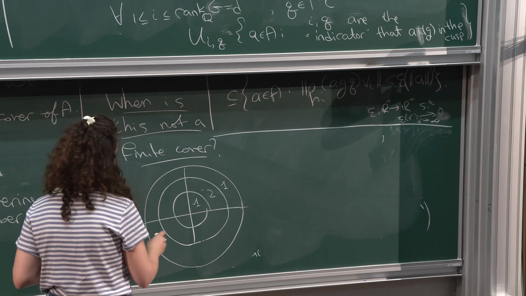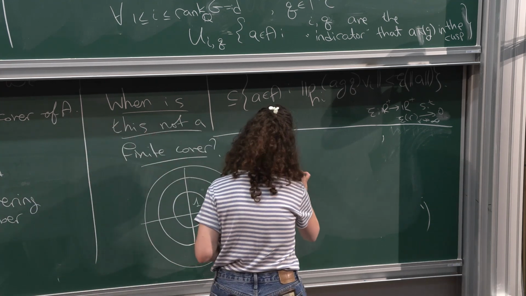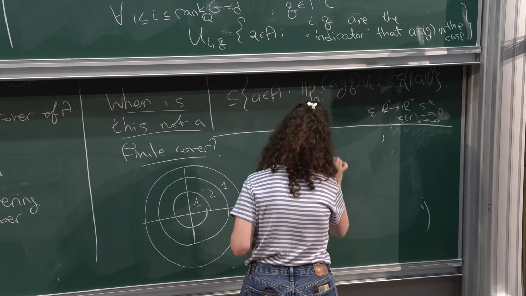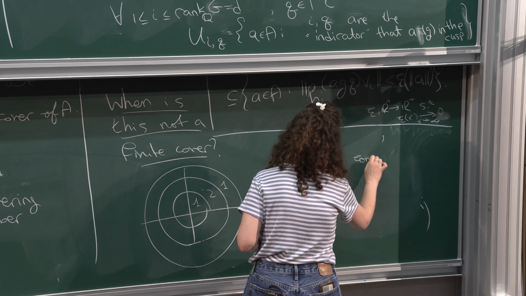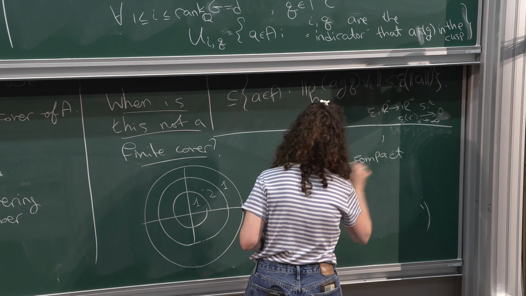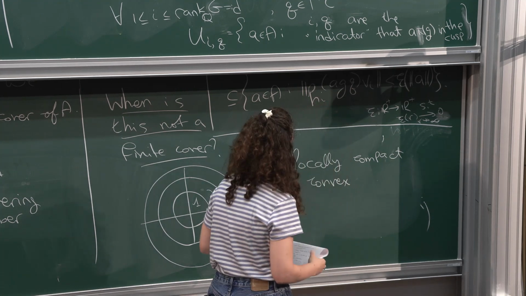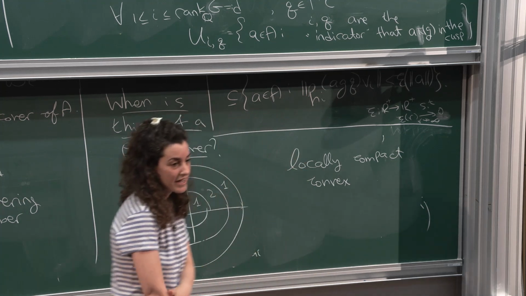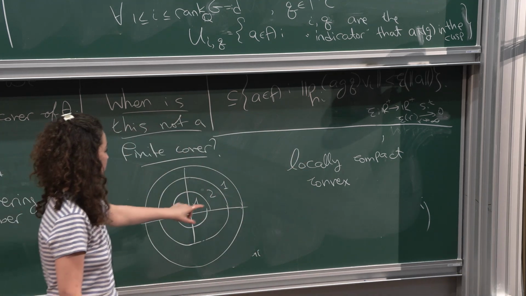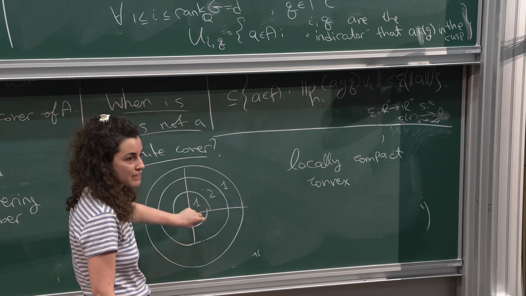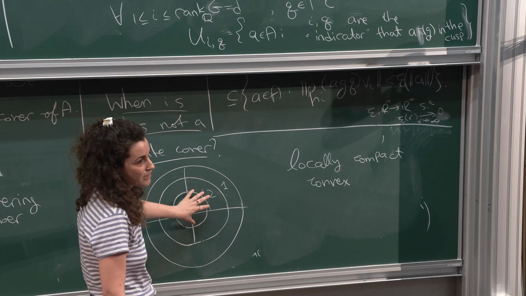So this is not the case for us because our situation is locally compact. And convex. So we can get that these sets should be convex. And if you take, so this is not convex, but you can take the convex hull of that. Okay, yeah.